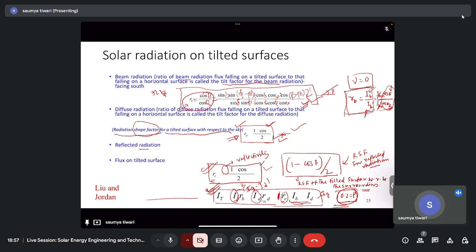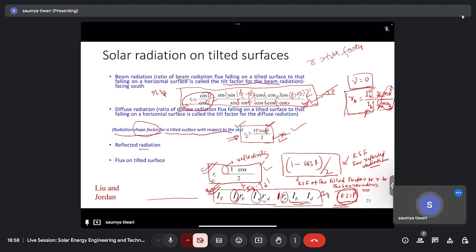Similarly for diffuse radiation, the equation that has been derived is RD, where D is for diffuse, B is for beam, and R represents the tilt factor. It will be 1 plus cos beta by 2.